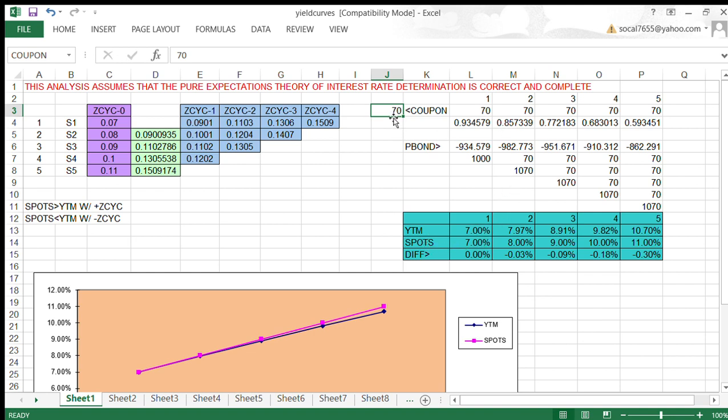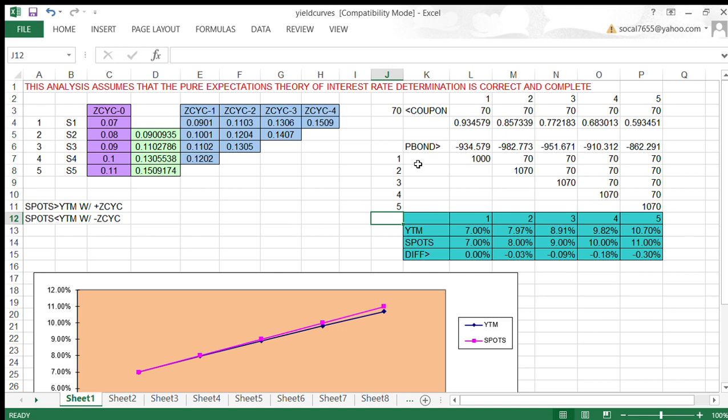And then if we assume we have a 7% coupon rate 2-period maturity bond, at a time when this is the zero coupon yield curve and these are the spot rates, that bond with a $70 coupon payment, paying $70 at date 1 and then $1,070 at date 2, you can see here these are the dates of cash flows assumed across here.